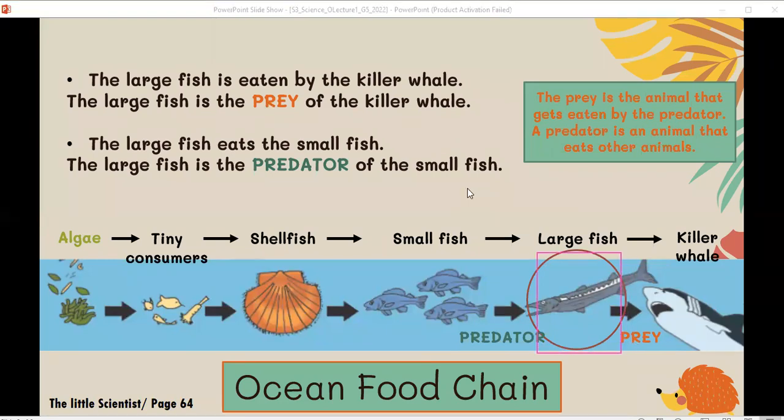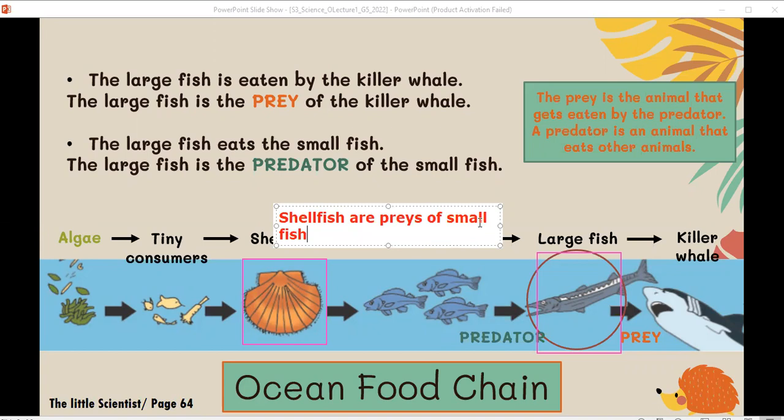Let's take another example. Let me talk about the shellfish. The shellfish is eaten by the small fish, right? So shellfish are prey of small fish. But the shellfish eat the tiny consumer.